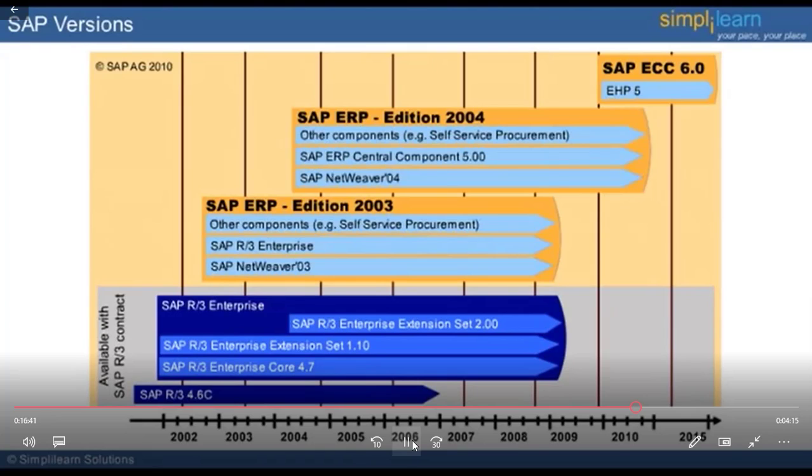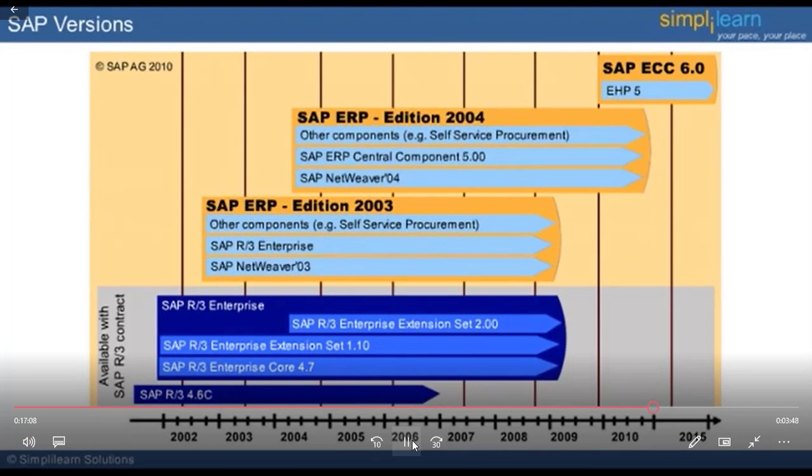SAP R3 Release 4.6A, release date 1999. SAP R3 Release 4.6B, release date December 1999. SAP R3 Release 4.6C, release date April 2001.